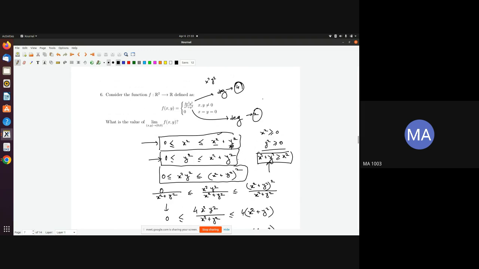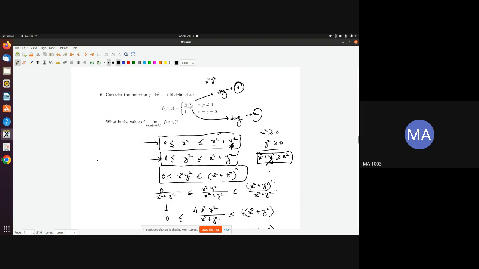Not only is the numerator degree greater, but that may not always be true. If I take this type of function, then only choosing a path will give you a contradiction. You can choose x equal to y square. So it does depend on the expression in the question, not just on the degree of x and y.